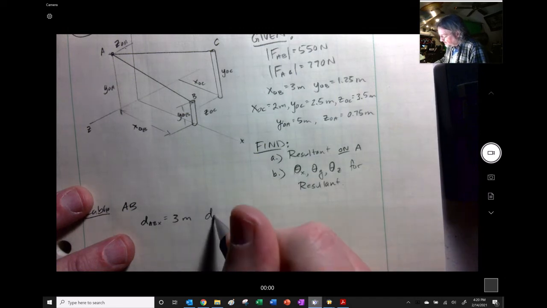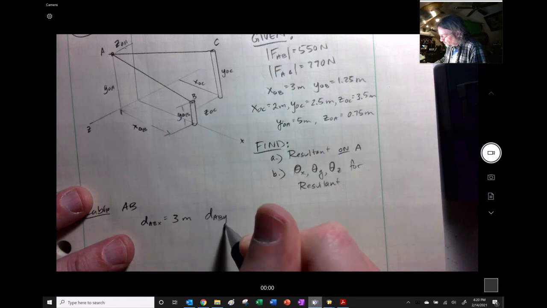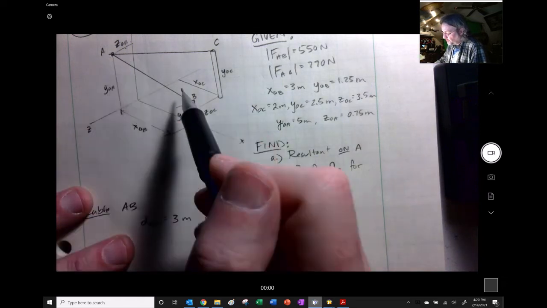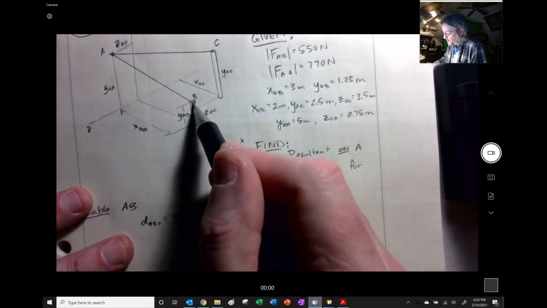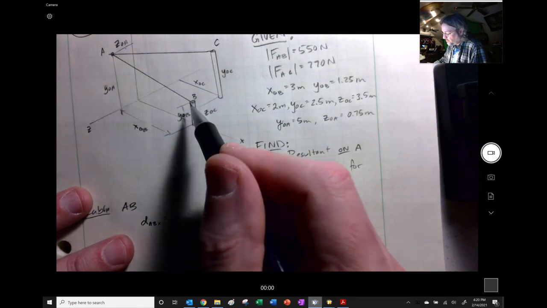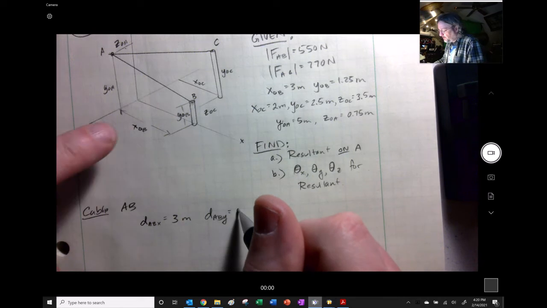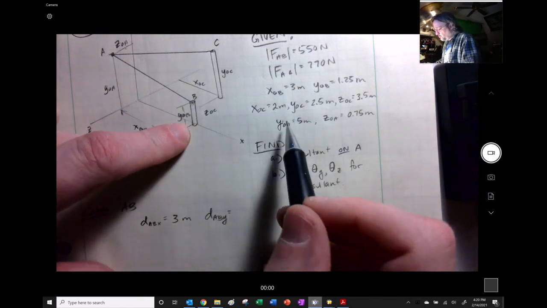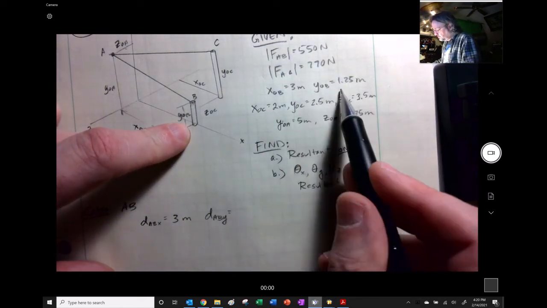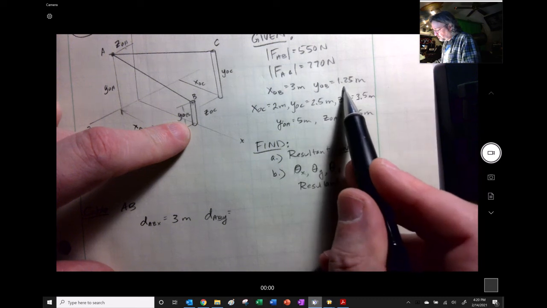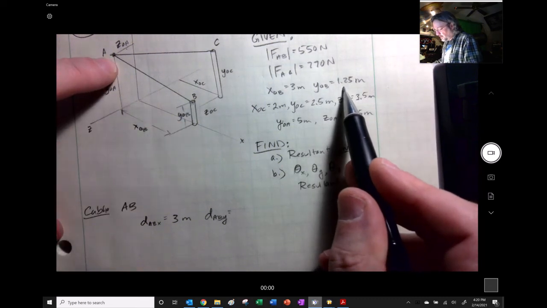And then the distance AB in the y direction, right? We end up at YOB, 1.25, but we start out at y1, 5 meters, right there.